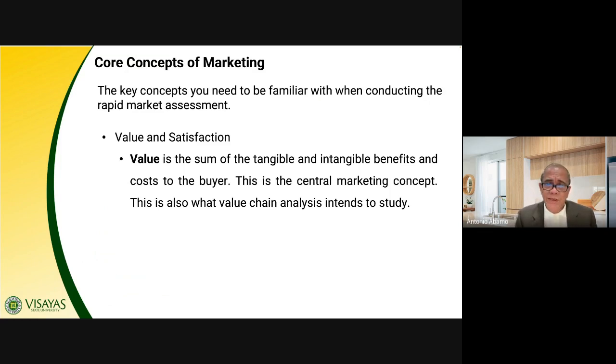Okay, this is also what value chain analysis intends to study. What is of value to the customer? What is of value to your supplier? If the value is loyalty, then sell loyalty to your customer. If the value is, for example, hope of becoming somebody, hope of becoming beautiful, then sell hope in your product.